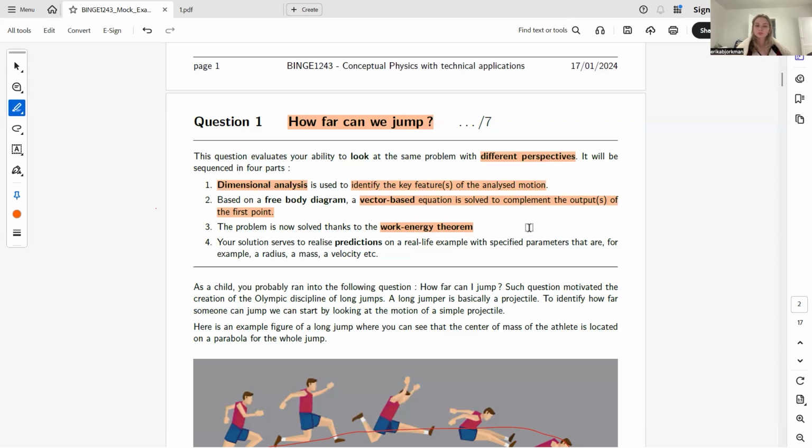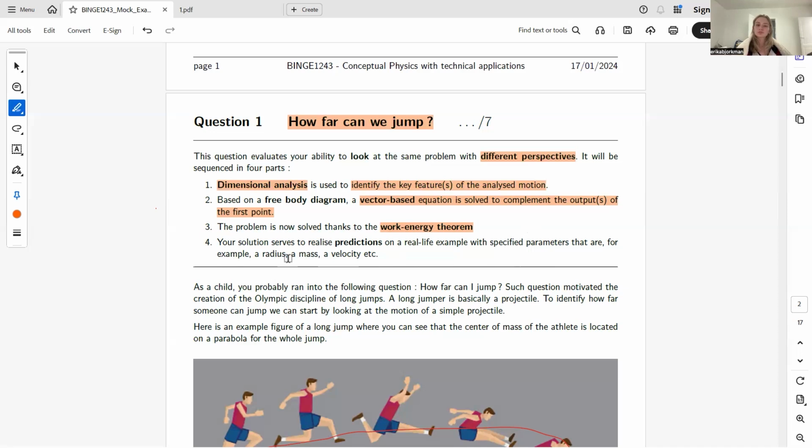But today we will need to combine the work energy theorem with projectile motion in this question. So the fourth part, your solution serves to make predictions on a real life example with specified parameters, for example, radius, mass, velocities.